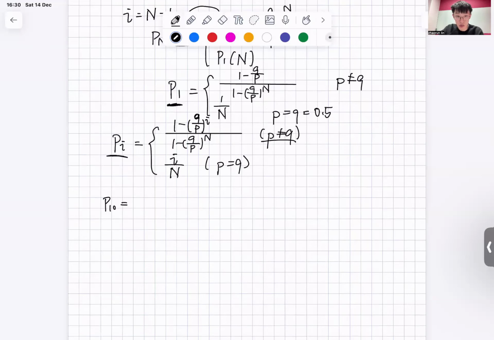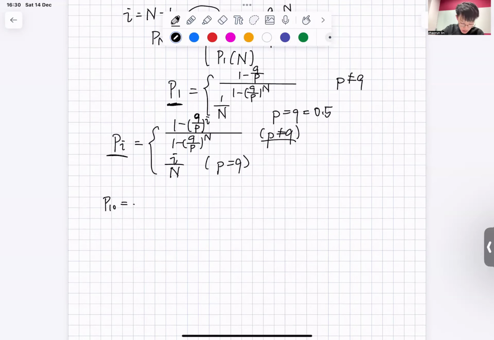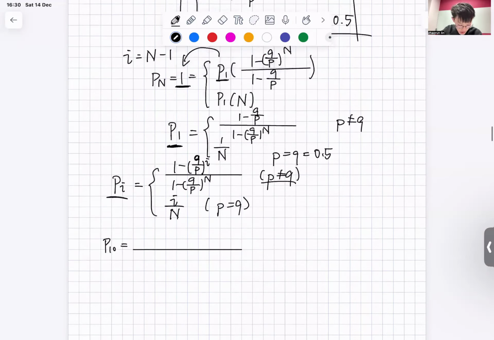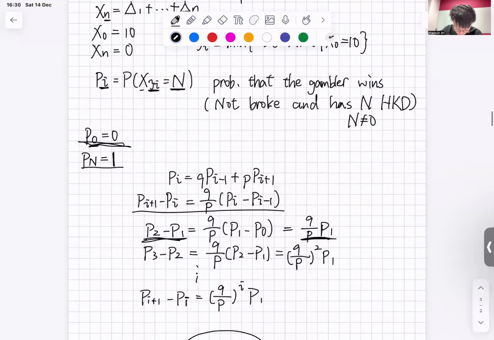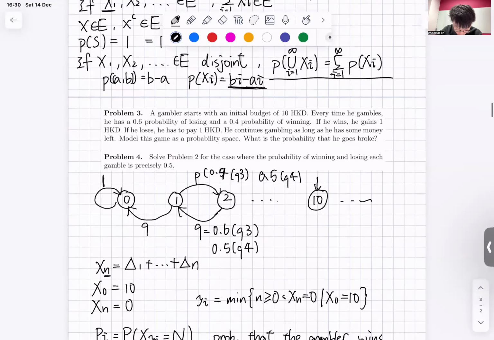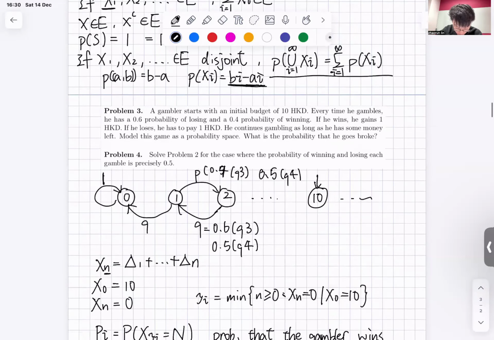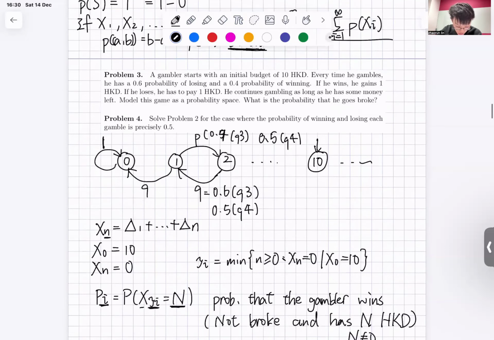This Pi is that when we start at i dollars, the probability that the gambler gets not broke, so the probability that the gambler still has some money after tau i steps. So in question 3, we have Q equals to 0.6, and P equals to 0.4.